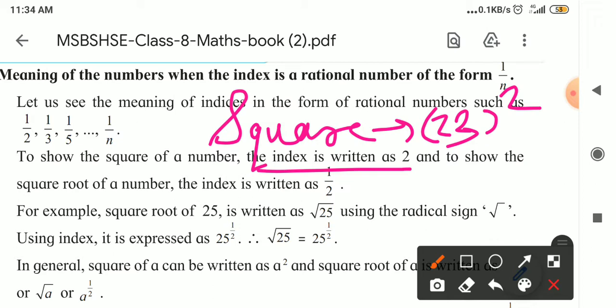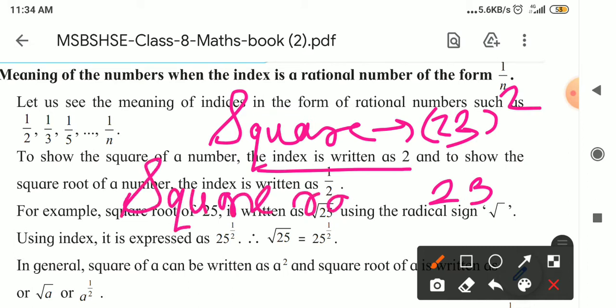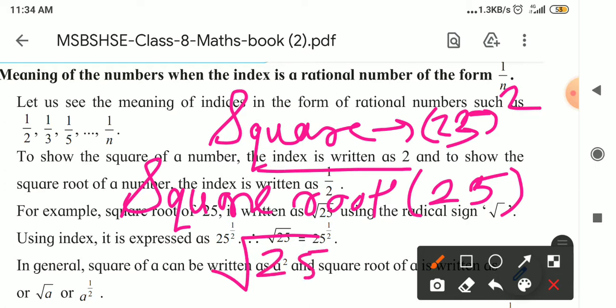But when you have to show the square root, let's understand this. Suppose I wrote here 25 squared, and here the square root of 25. In this way we write the square root of 25, but this sign we can write in this way also, 25 raised to 1 upon 2.